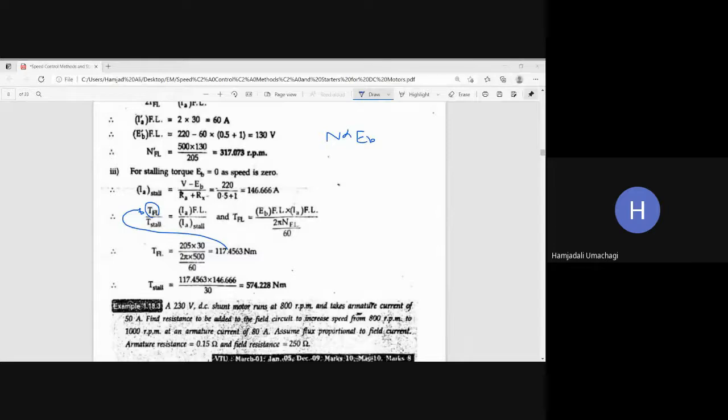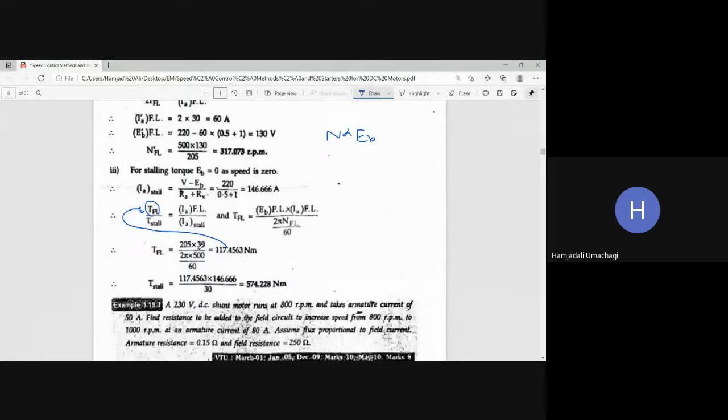Full load current value is 30 ampere, but at the time of starting condition, current value is 146.666 ampere. Just to make you aware about starters, I have taken this example here.